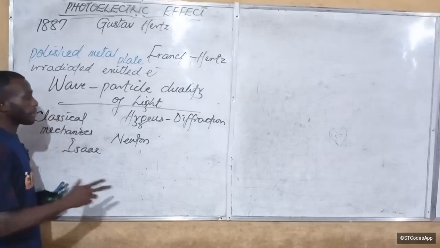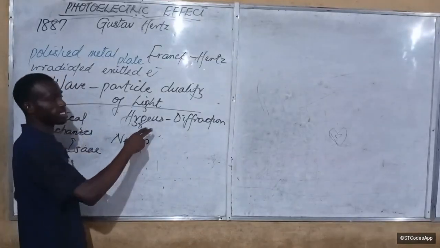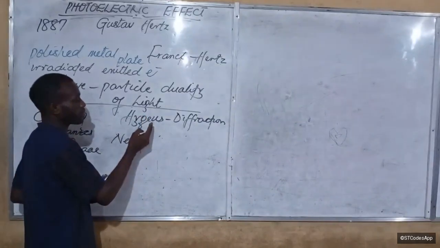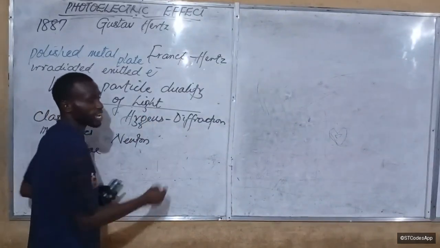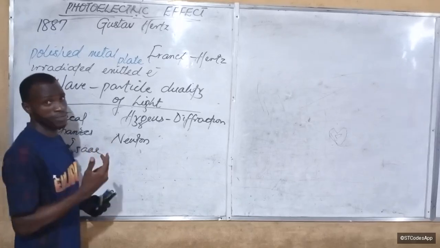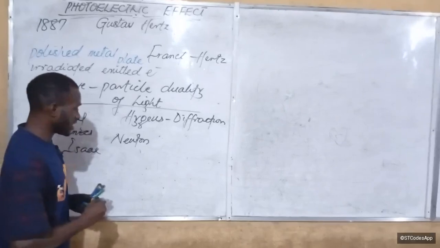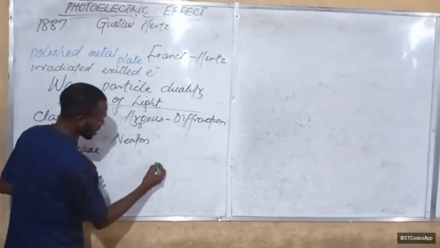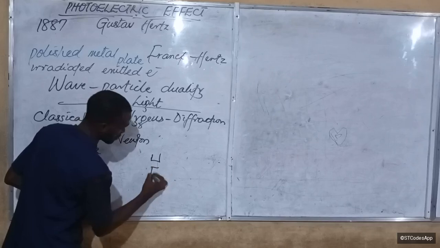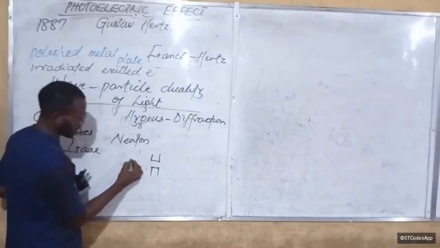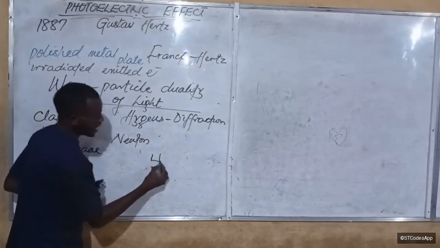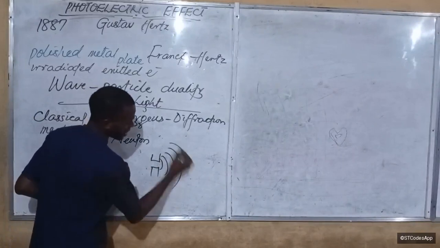But by the 17th century, I think, Huygens used diffraction to disprove his idea. Diffraction is the bending of light, and he mentioned the fact that if light were to travel in particles, in packets of light, it would not be able to diffract. Is that okay?